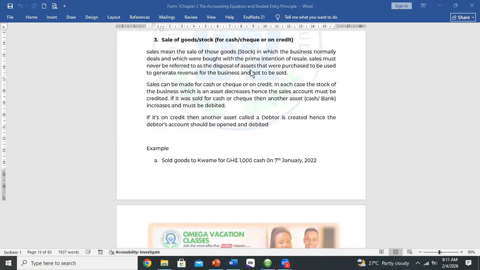Okay. Now, another thing I want you to take notice of. Sales can be made on cash or check basis or on credit. What it means is that a business can sell goods and collect money or check. Or sometimes they will say, okay, you pay later. That's the credit sale transaction. In all of them, whether cash, bank, or credit, we say the stock of the business will decrease because you are selling.